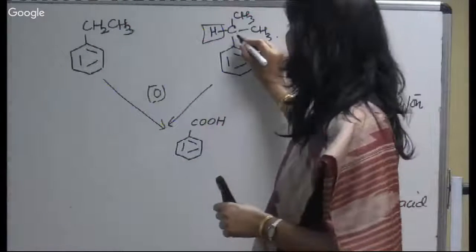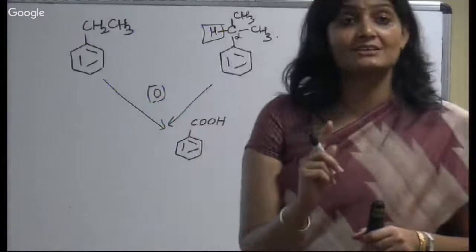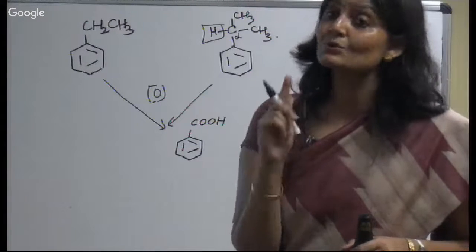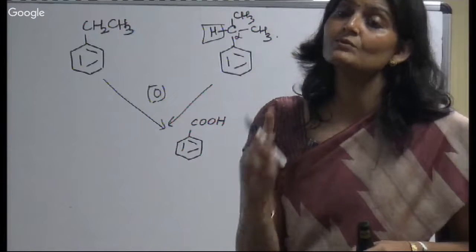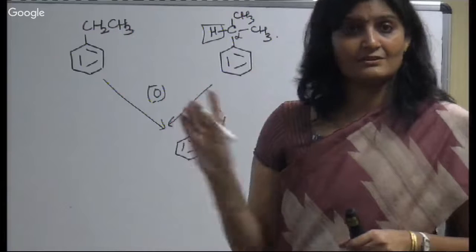This is the alpha carbon to the ring, right? There has to be one hydrogen attached. If there is no hydrogen attached, those compounds will not give you any oxidation product on oxidation under these conditions. All right?